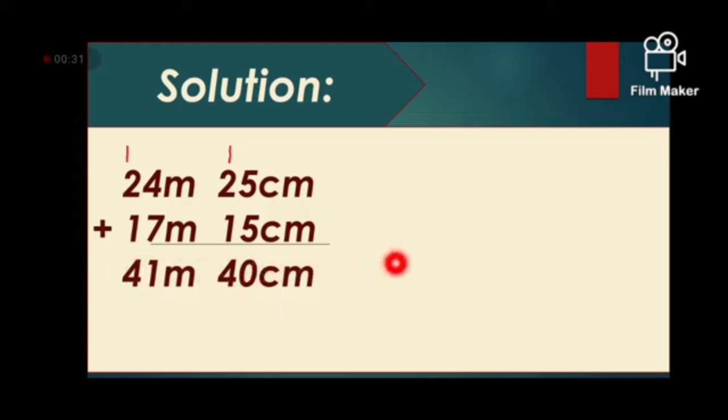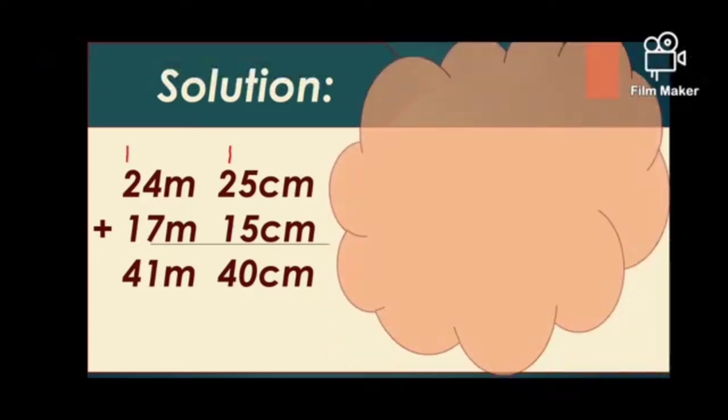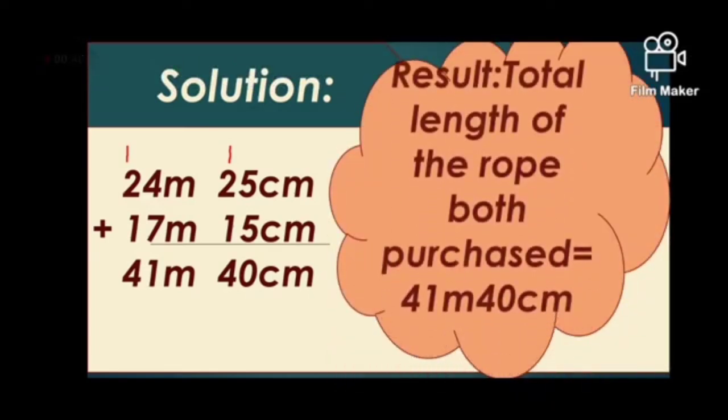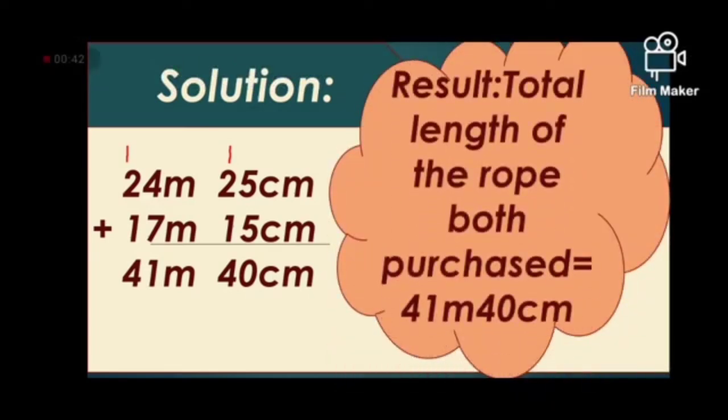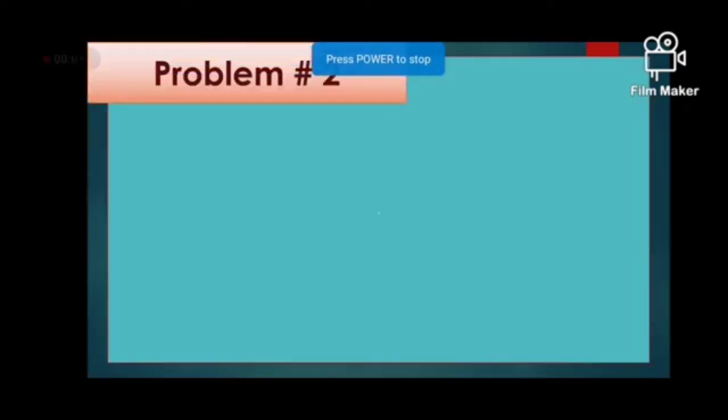So the answer is 41 meter and 40 centimeter. Now the result of this problem is total length of the rope both of them purchased is 41 meter and 40 centimeter.